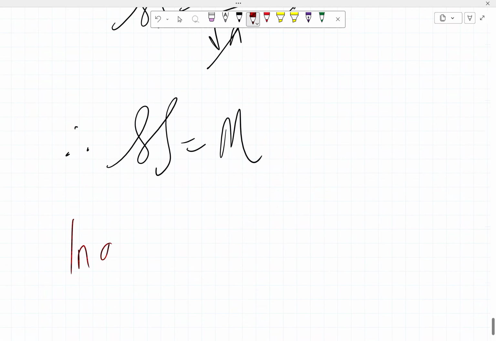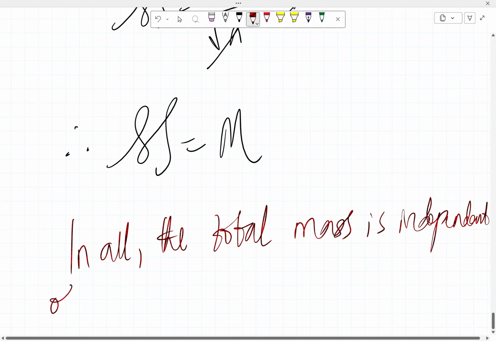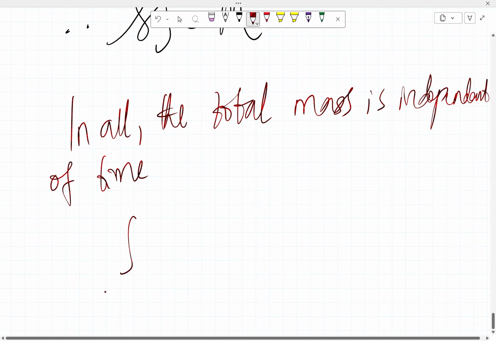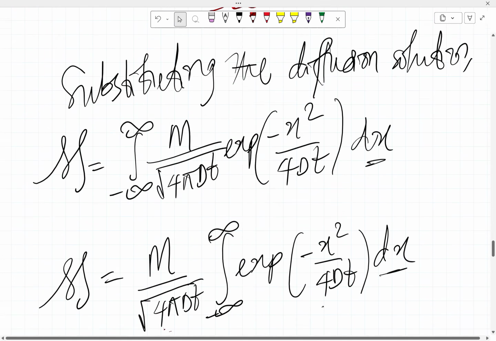in all, we can say that the total mass is independent of time, which means that integral from minus infinity to infinity of c of x comma t dx is simply equal to m. And that's what we are expected to prove.